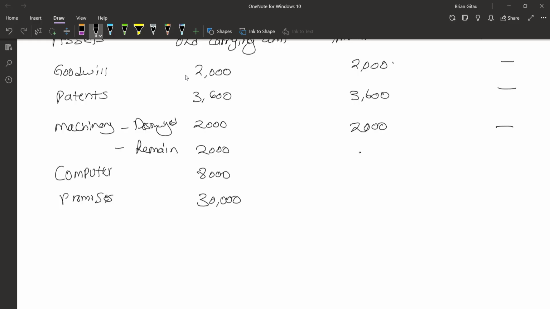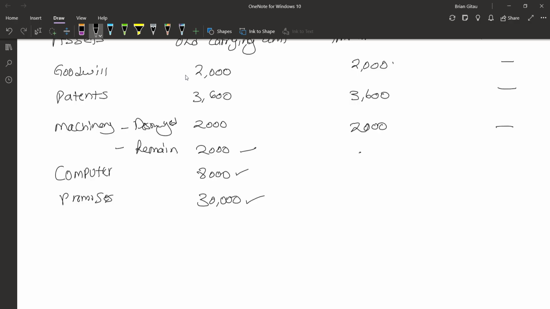Now let's go ahead and distribute the remaining assets based on their weight. If I were to add the remaining assets, we have the remaining machinery, the remaining computers, and we also have the premises. Those are the remaining assets.